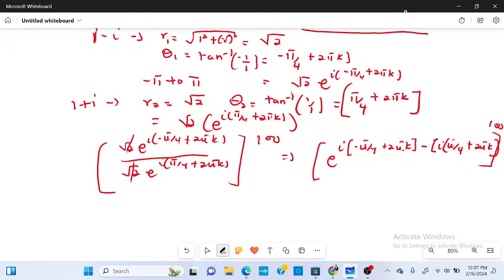So at this point I want to just subtract my powers here. So I'll have I open brackets this, which is negative pi on 4 plus 2 pi k. Then here I'll have negative pi on 4 minus 2 pi k, everything to the power 100.